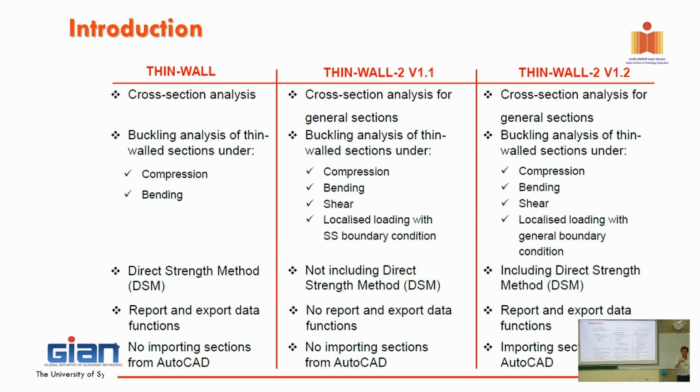You don't need to work it out by hand or in Excel or whatever. So that is something new, some differences between those two programs. But in general, you can use that without any problem. You can solve all that for general purposes.